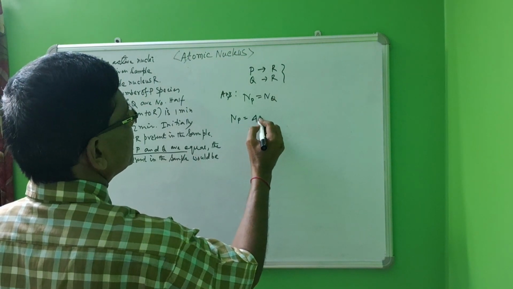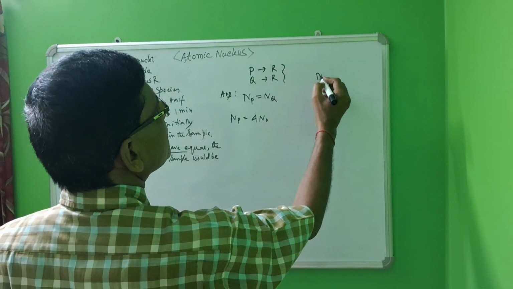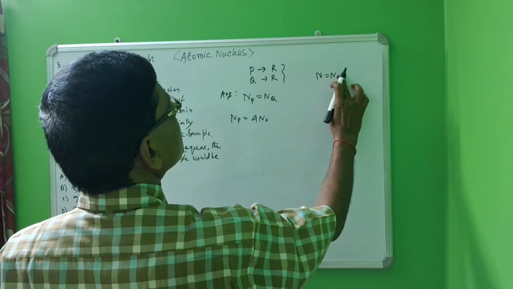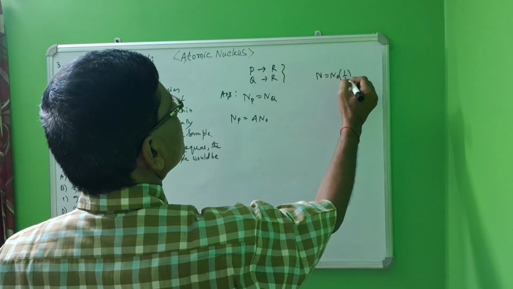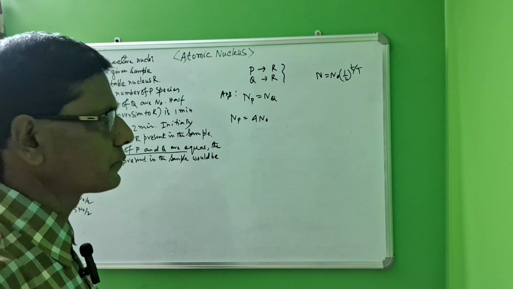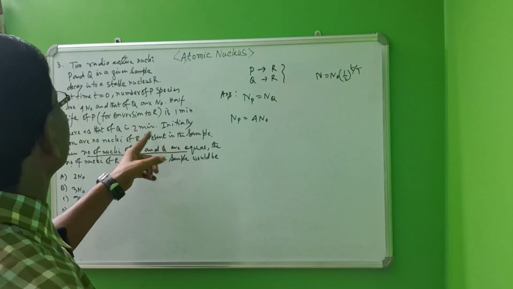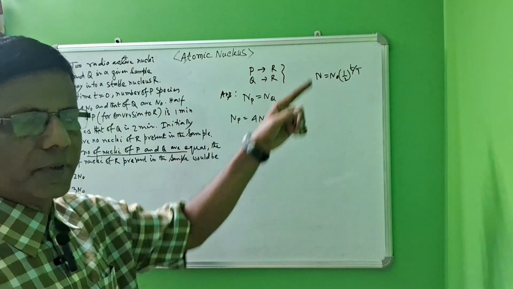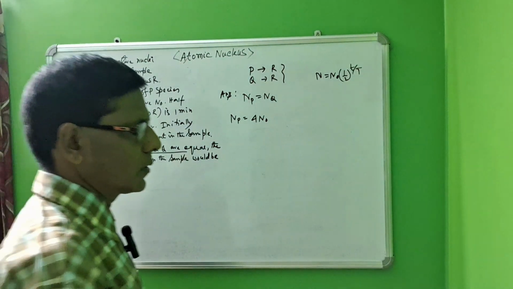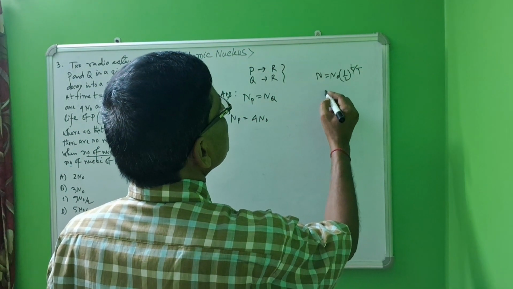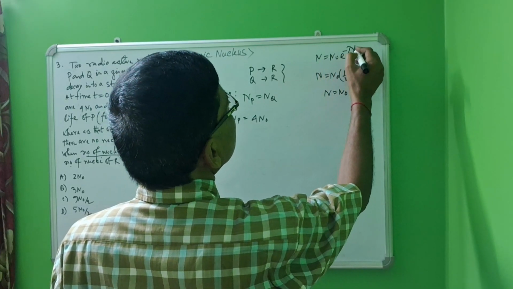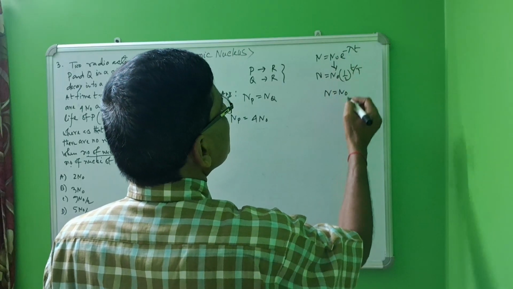NP equals 4N0 times N equals N0 e to the power minus lambda t, which is written as half to the power t by T. Why is this relation applied? Because the half-life is given here. We know from the previous problem that this can be written as N equals N0 e to the power minus lambda t, which is converted into this.